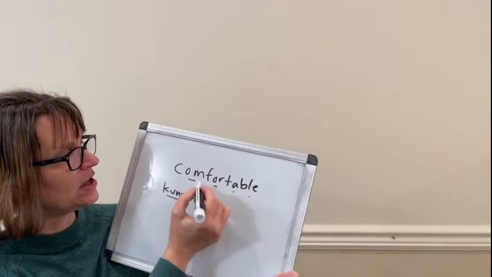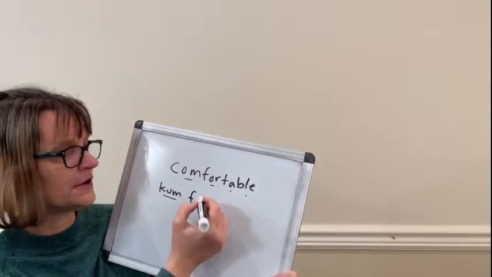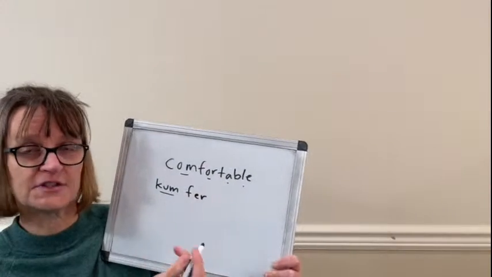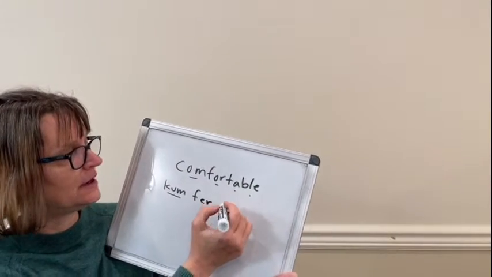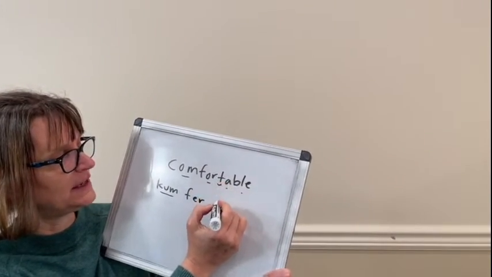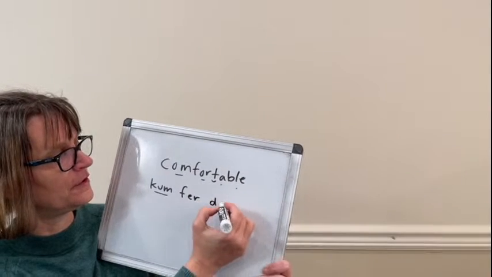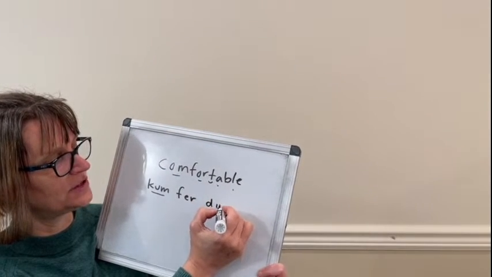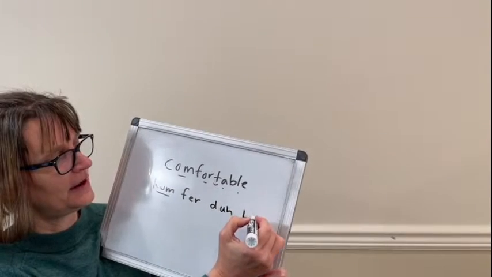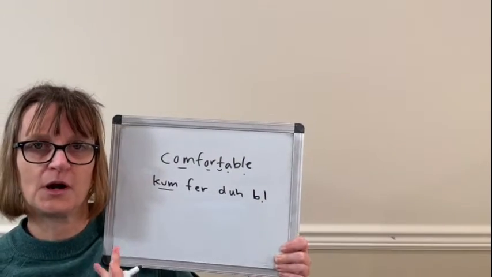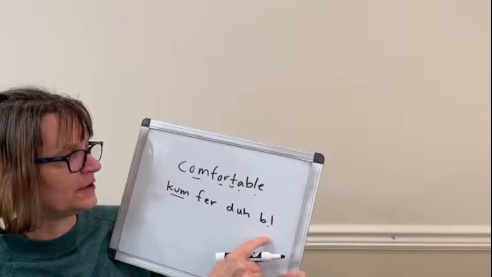And then the letter OR will sound like the schwa sound, not an or sound, comfort. Then my T will be a flap, comforta. My A will be another schwa. And then I'll have a dark L with a schwa here at the end, bull, comfortable.